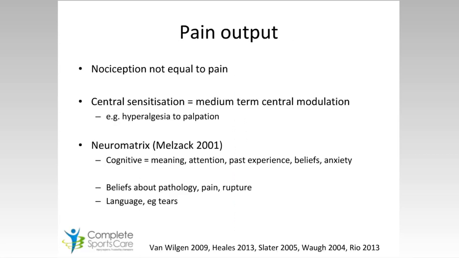So we need to remember that pain is an output, and nociception is not equal to pain. So we can have central sensitization, and a good example of this is the hyperalgesic to palpation response we have in gluteals, which is very, very common.